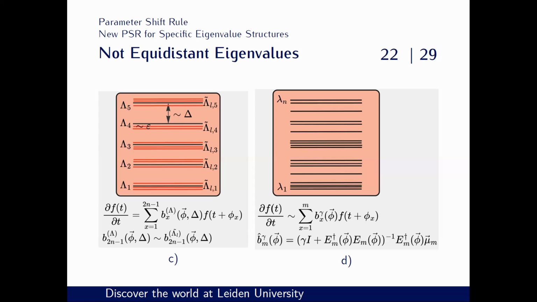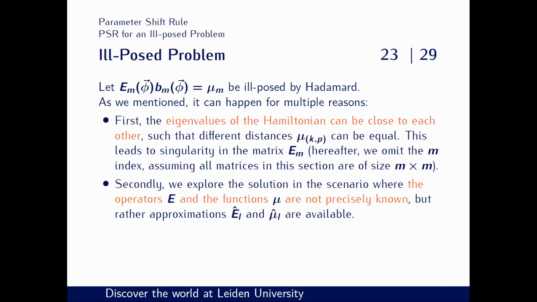So you will again get a matrix that is close to singular, which means the stability can be violated. Or, as I will tell later, maybe you don't know these matrices exactly. So the noise of the measurement can actually make your solution unstable.